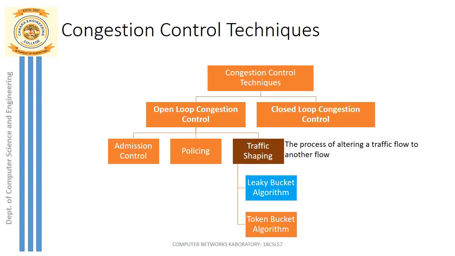Under open loop congestion control, we have three important types: admission control, policing, and traffic shaping. Our point of view is on traffic shaping, where we have two important algorithms called leaky bucket algorithm and token bucket algorithm.